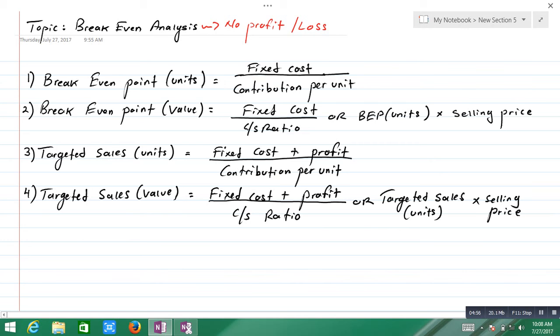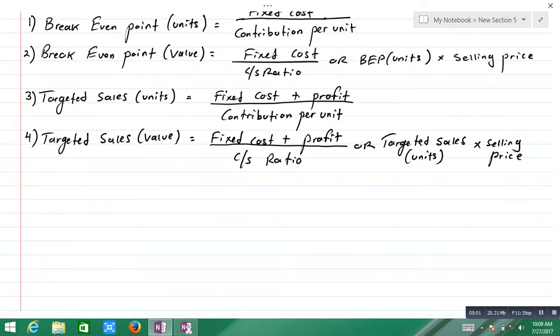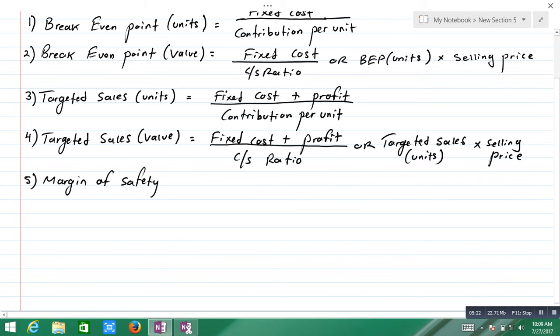Number five, MOS units. Now, what is MOS? The full form is margin of safety. Margin of safety units is basically sales units minus BEP units.